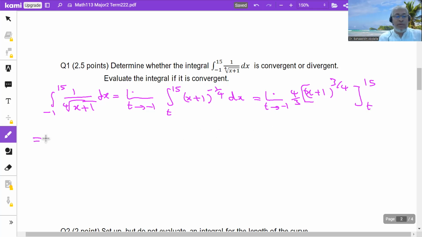And now this is equal to the limit. Still, we did not evaluate the limit, so we keep the limit here. There is 4 over 3. I can take it out or just leave it here.